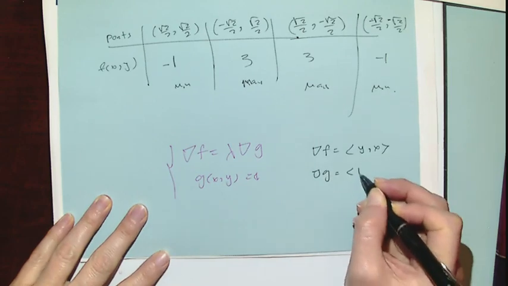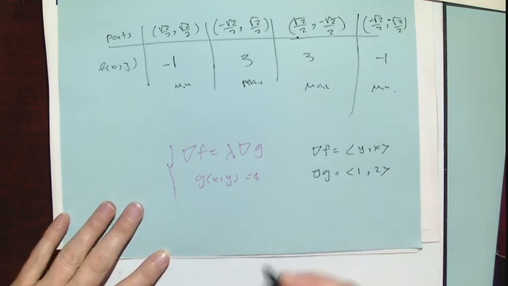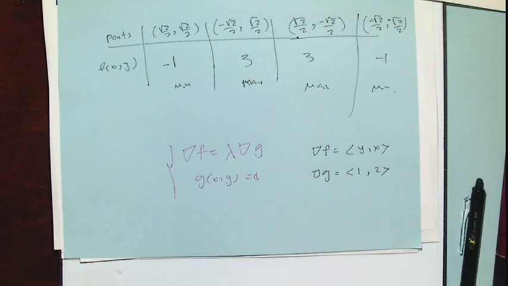Gradient of g is 1 and 2. And then, say again? Okay. So, 4, 3, 2, 1, 0. What is the answer? C cannot be the answer. C is the curve of the constraint.